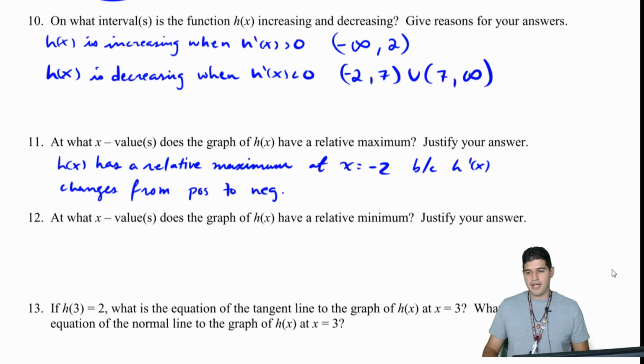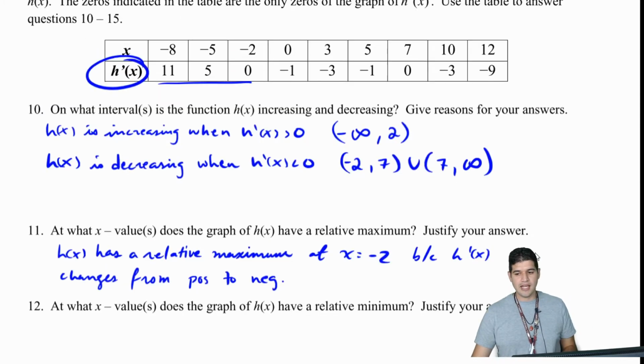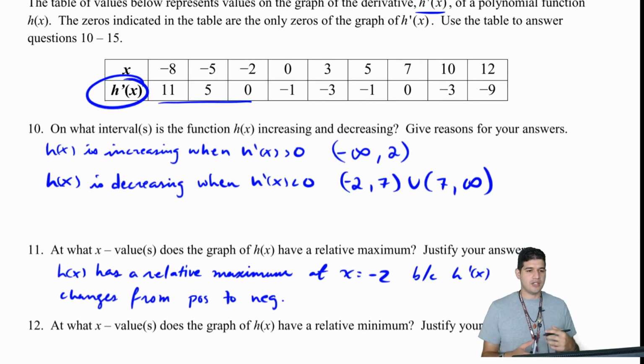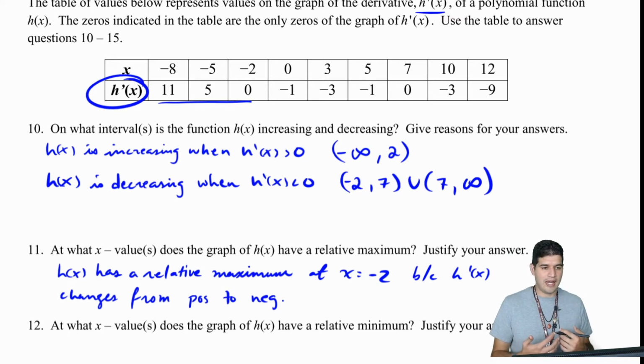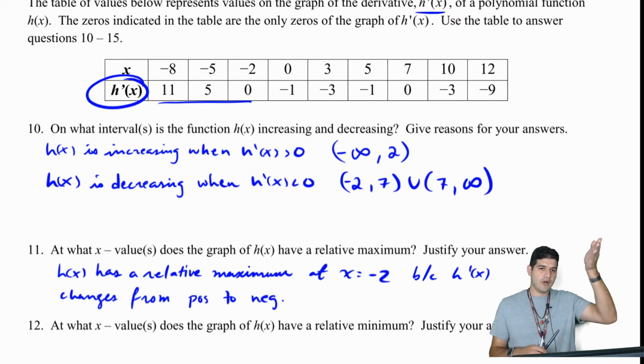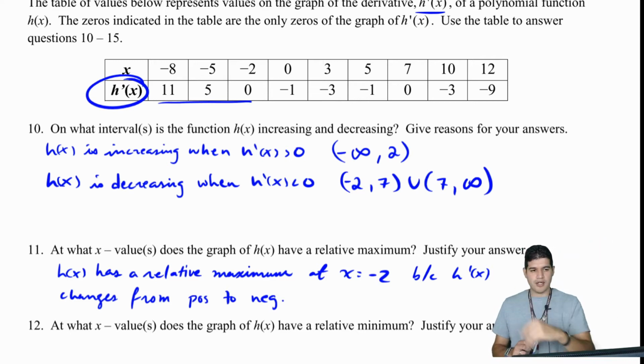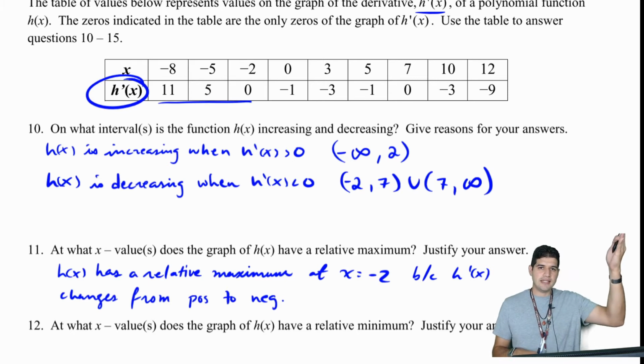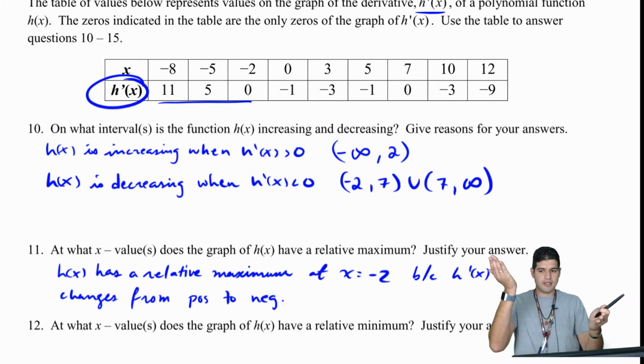So now we want to look, okay, at what x values does the graph of h of x have a relative minimum? Again, you're looking at the table above, and you're saying, okay, h of x is going to have a minimum when you're going from a decreasing part to an increasing part. So decreasing negative, increasing positive.